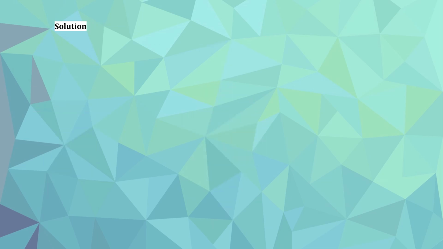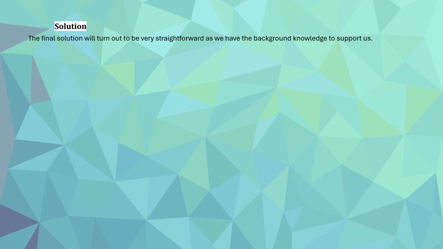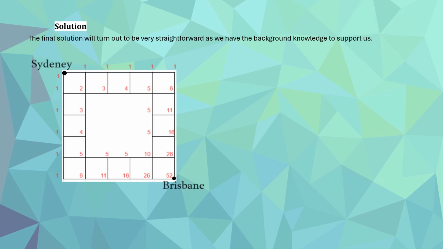Here we go. Final solution page. The final solution of this problem will turn out to be very straightforward, I promise. Based on the background knowledge we have learned in the previous slide, go back to the original question.